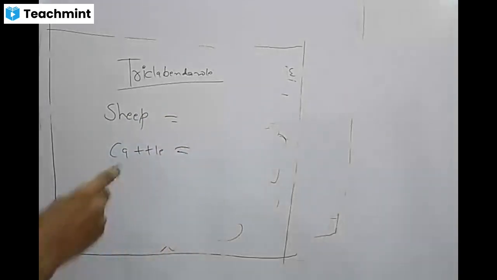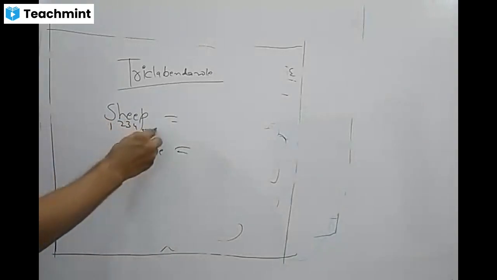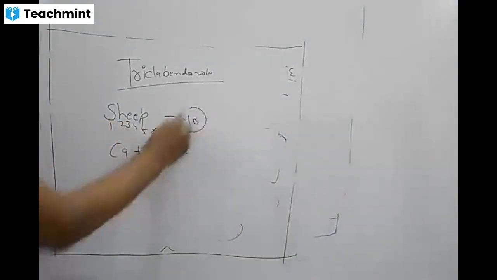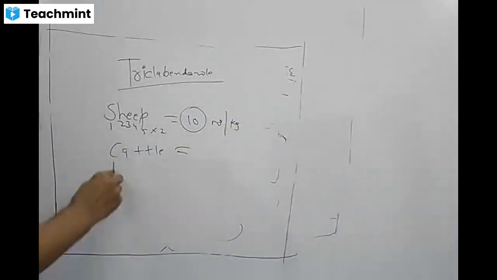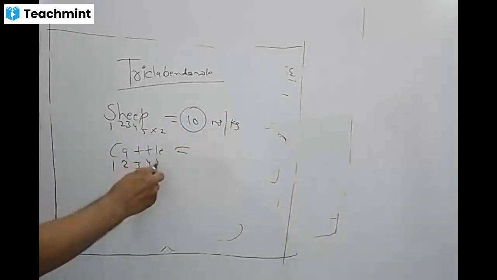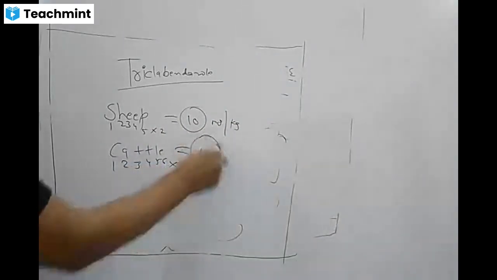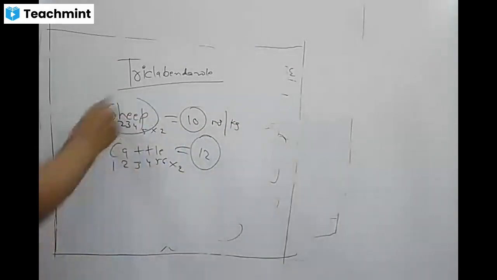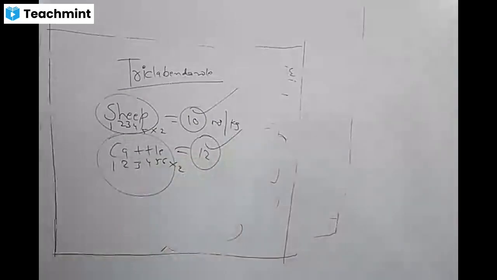It's very simple. Count the letters in the drug name: 1, 2, 3, 4, 5. Make it double, that is 10 mg per kg. Similarly, in case of cattle, 1, 2, 3, 4, 5, 6 into 2, 12. So the dosage for sheep is 10 mg per kg and for cattle is 12 mg per kg.